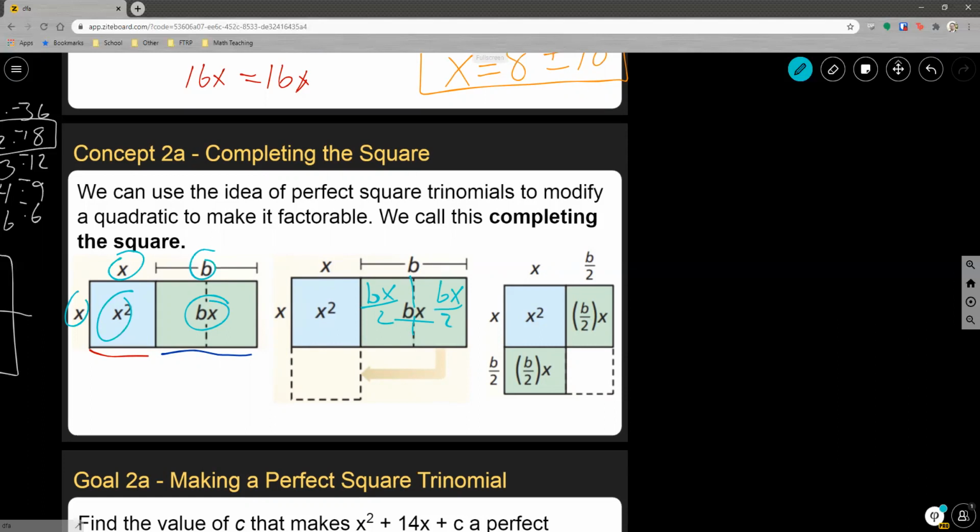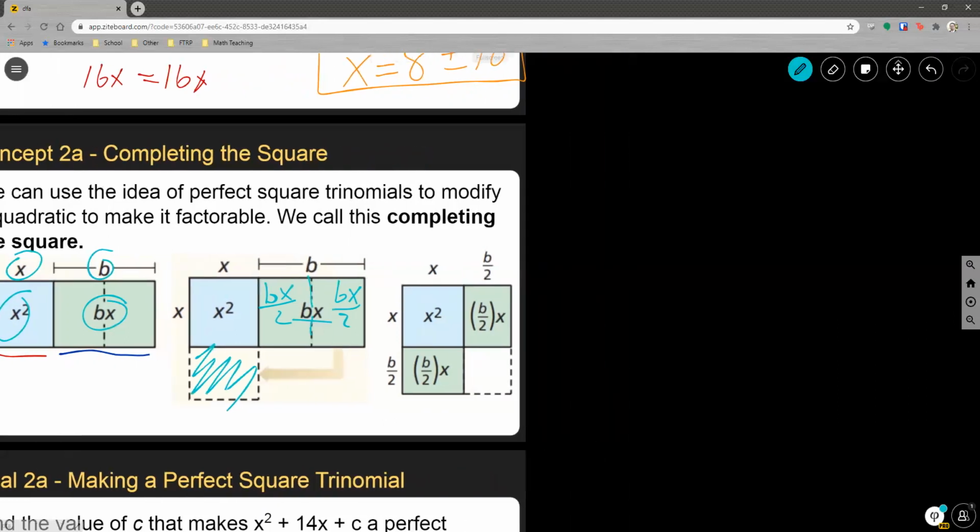I cut it in half. If I move that half down here, I've created 3 parts out of 4 for a square. I've got the same length on each side, x plus b over 2, because this is half of b here, and x plus b over 2 down here.